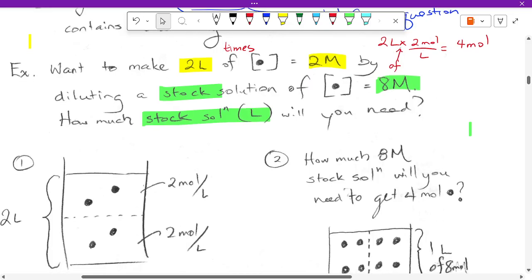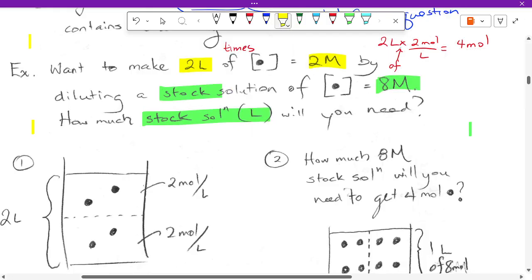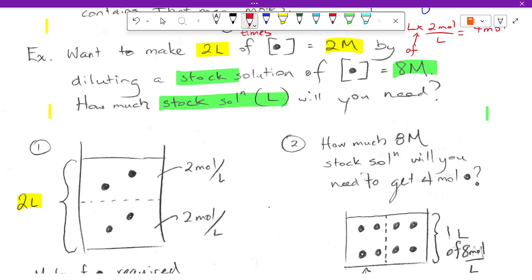We want 2 liters, and each of these little doodads here is 1 liter. This one's 1 liter, this one is 1 liter. Each of those 1 liters contains 2 moles. 2 moles per 1 liter, so 2 molar. So if that's how much we want to make, we are going to need 4 moles. Yes?